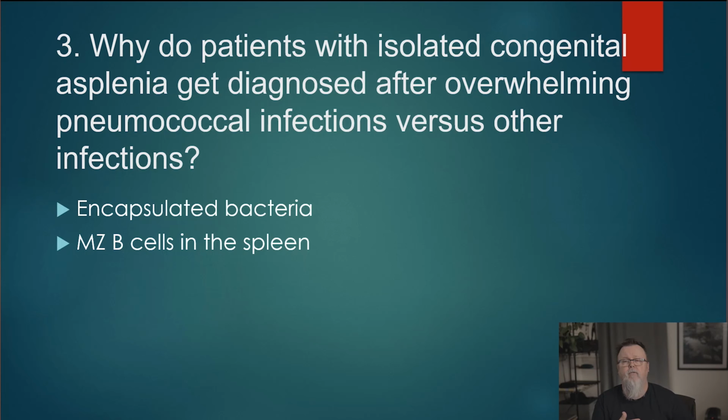And we actually need marginal zone B cells that are located in the spleen to mount a response against this sort of an infection in order to clear it. So other infections are cleared without incident, you could say, by the innate immune system. But these encapsulated bacteria actually require these specialized B cells to respond to them.